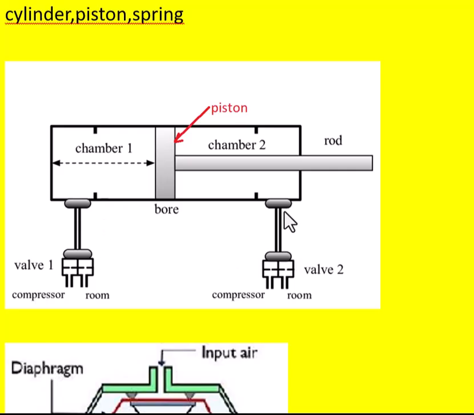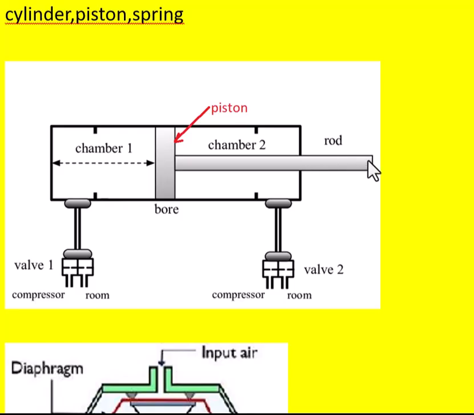valve 2 is closed and valve 1 is opened, so that high pressure air enters the chamber 1, and that high pressure air will direct the piston to move from left to right, so that its piston rod will go beyond the cylinder portion like this.